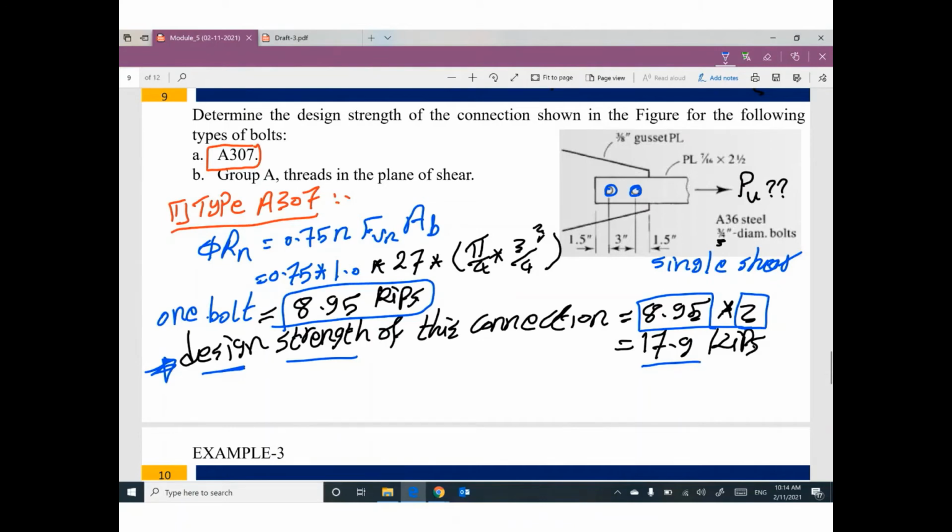That means I want Pu to be smaller than or equal to 17.9 kip to make this connection safe. That makes sense? I'm talking about the connection, because we talked before about the member many times.